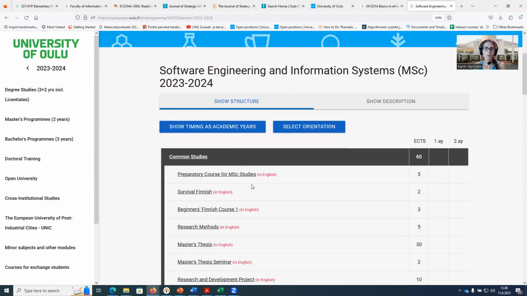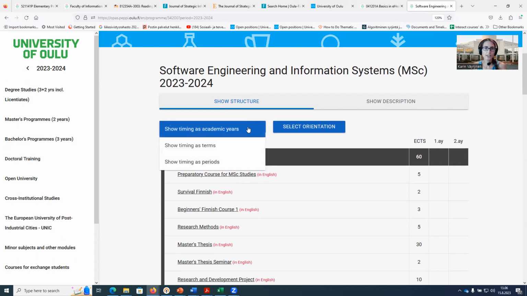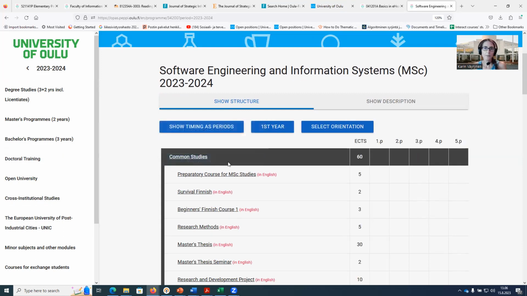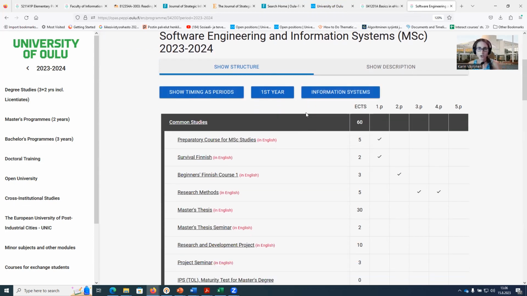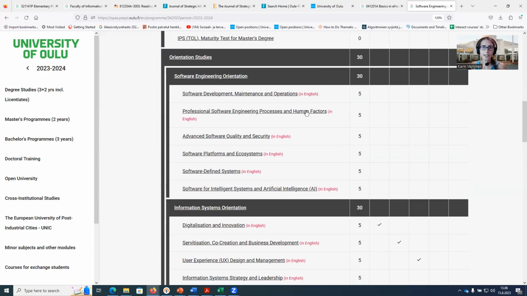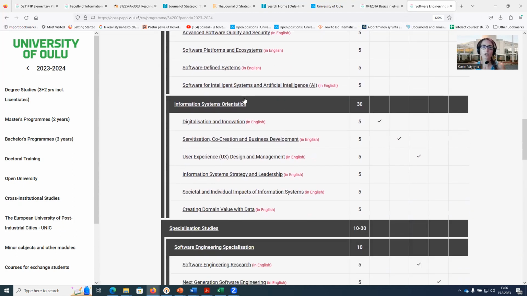How this works is that in order to graduate in our program, you have to take either all courses of the software engineering orientation or all courses of the information systems orientation.